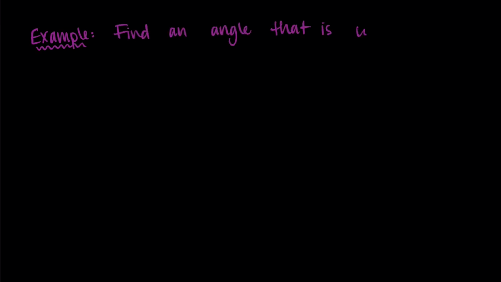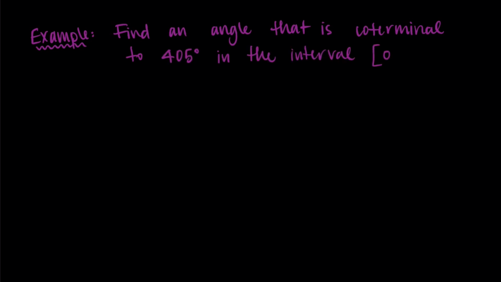So for this first example, let's say that we want to find an angle that is coterminal to 405 degrees that's in the interval from 0 to 360 degrees. So we're starting with an angle that's bigger than 360 degrees, and we want to find out which angle is coterminal that's in this smaller interval from 0 to 360 degrees.